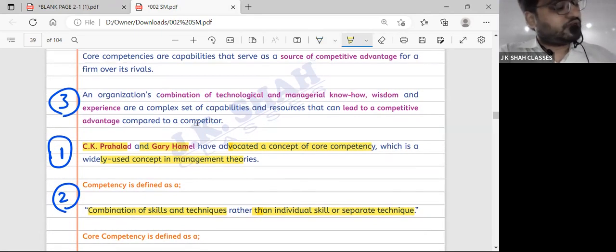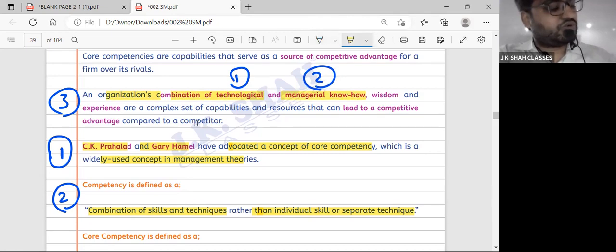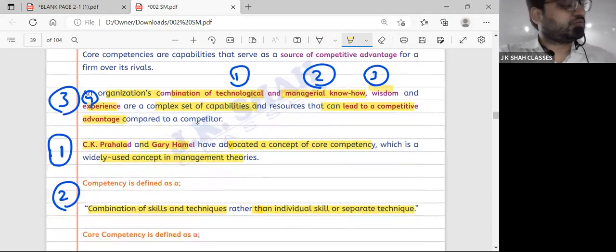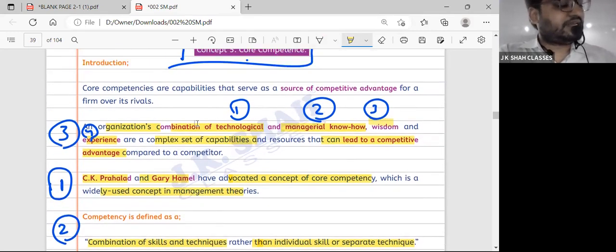Three, an organization's combination of technological know-how, managerial know-how, wisdom and experience are a complex set of capabilities that can lead to competitive advantage. And this sentence will be there at two other places. Core competences are capabilities that will serve as a source of competitive advantage.